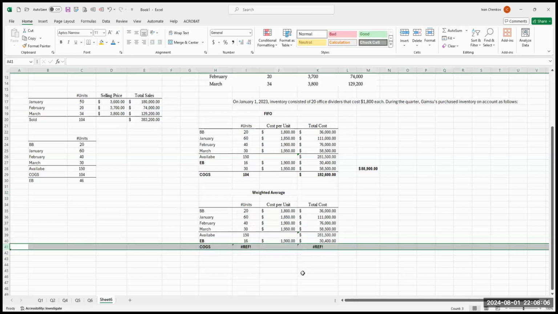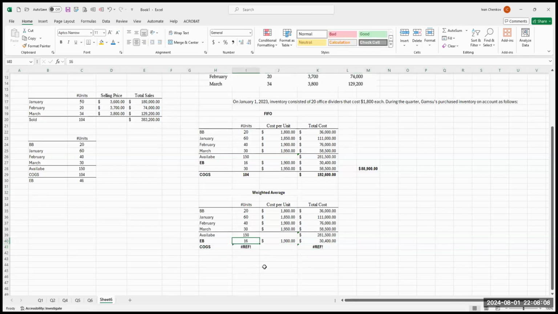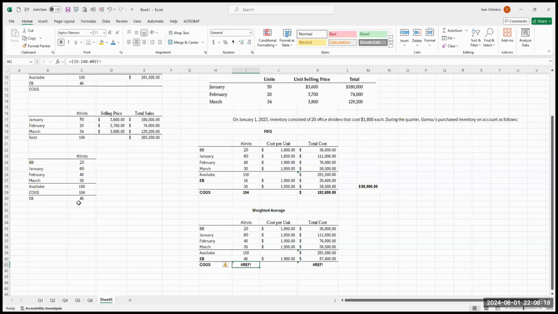I can easily get rid of it. I already know from this calculation that my ending balance is 46 units. If I sold 104 units, my ending balance is 46 units only.